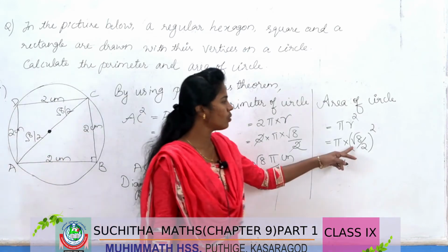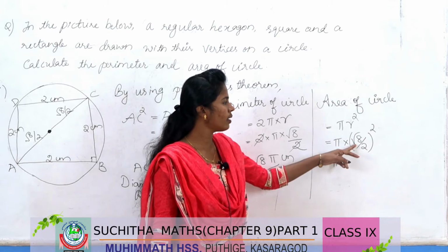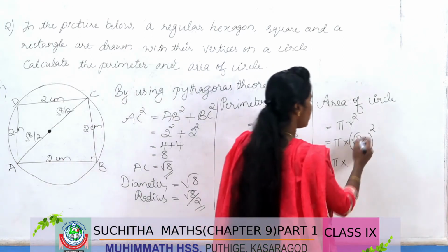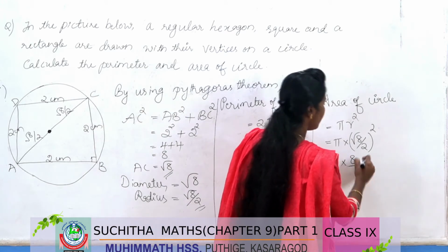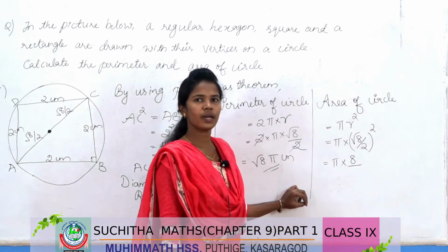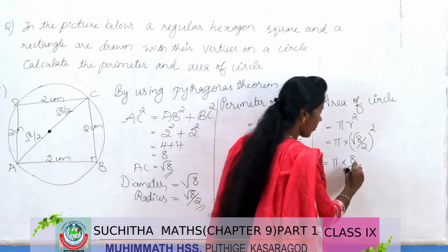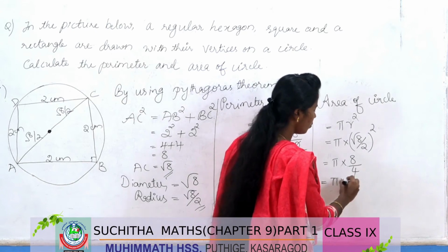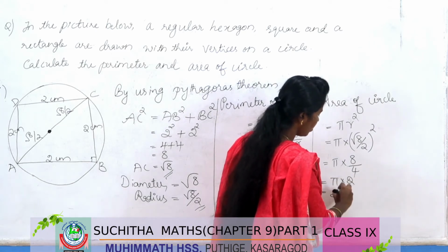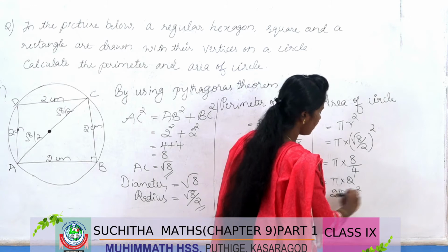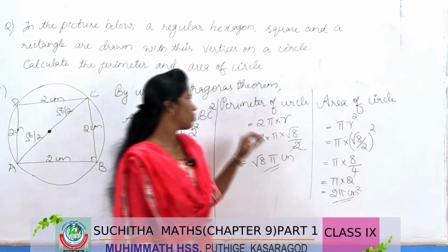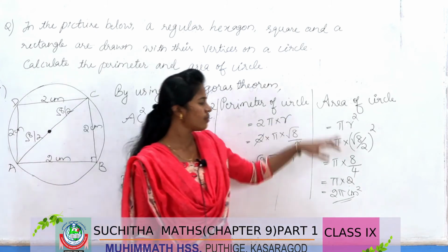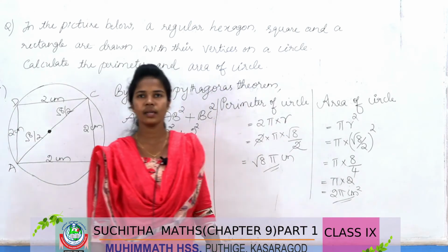Okay, that is root 8 square is 8 divided by 2 square. 2 square is 2 into 2, that is 4. That is pi into 8 by 4 is 2, equal to 2 pi centimeter square. So perimeter of circle is root 8 pi and area of circle is 2 pi centimeter square.